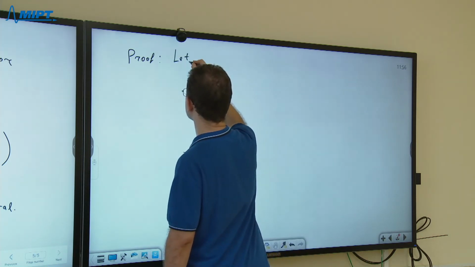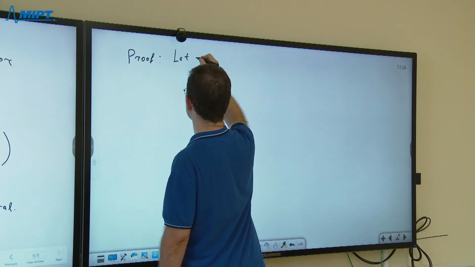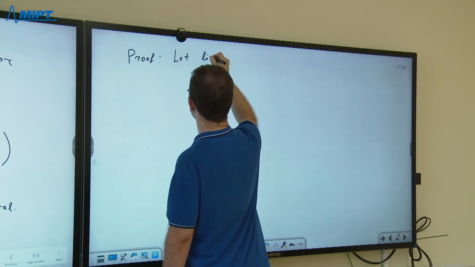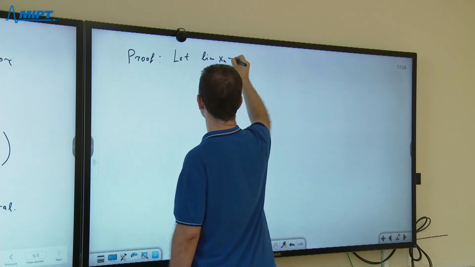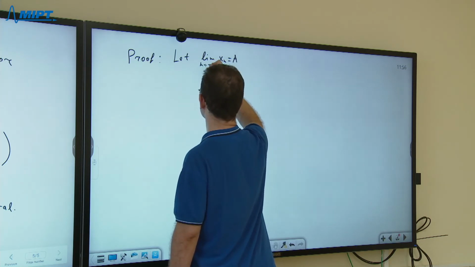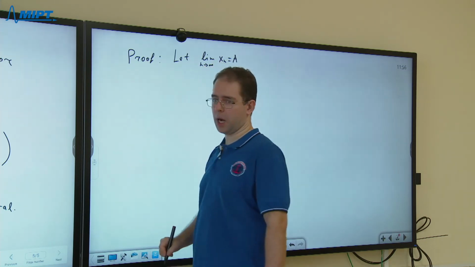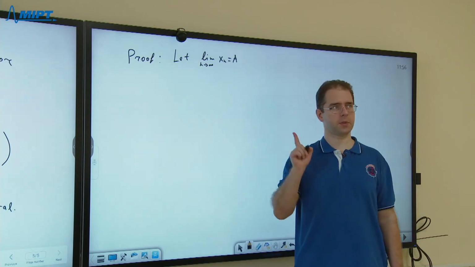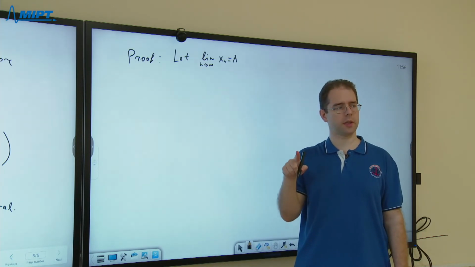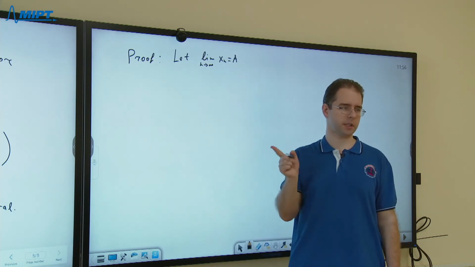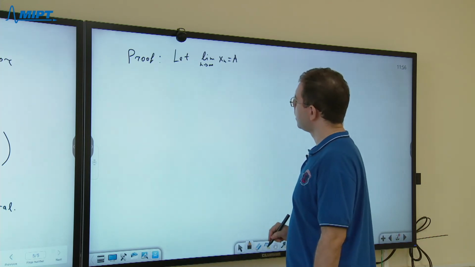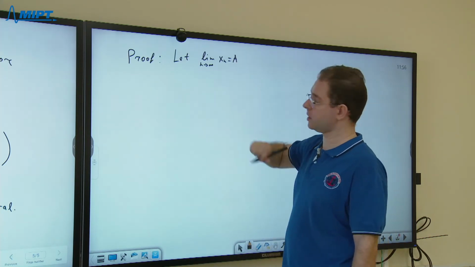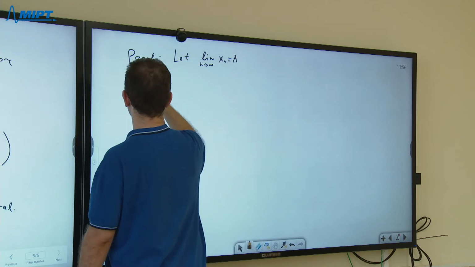Let the limit of a sequence xn equal a. I want to prove that from this statement follows that xn is fundamental. Okay, let me write down the definition of this limit.